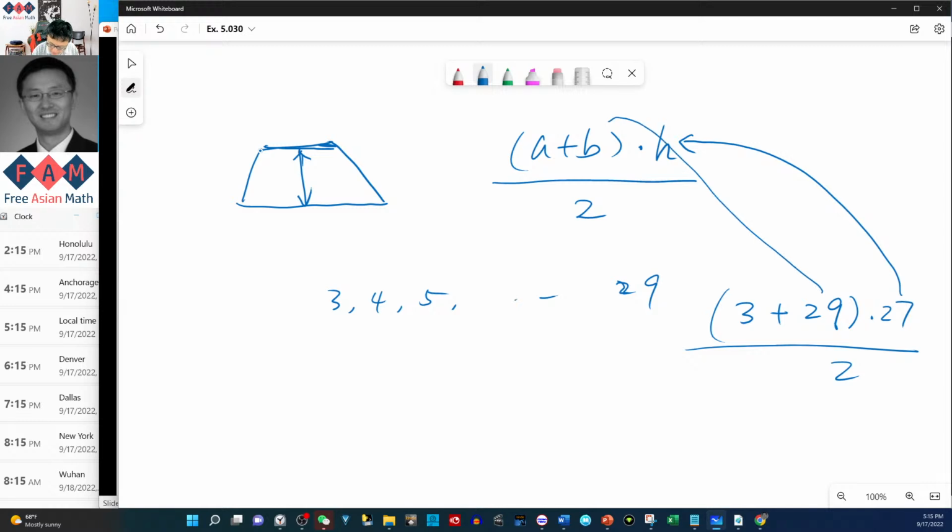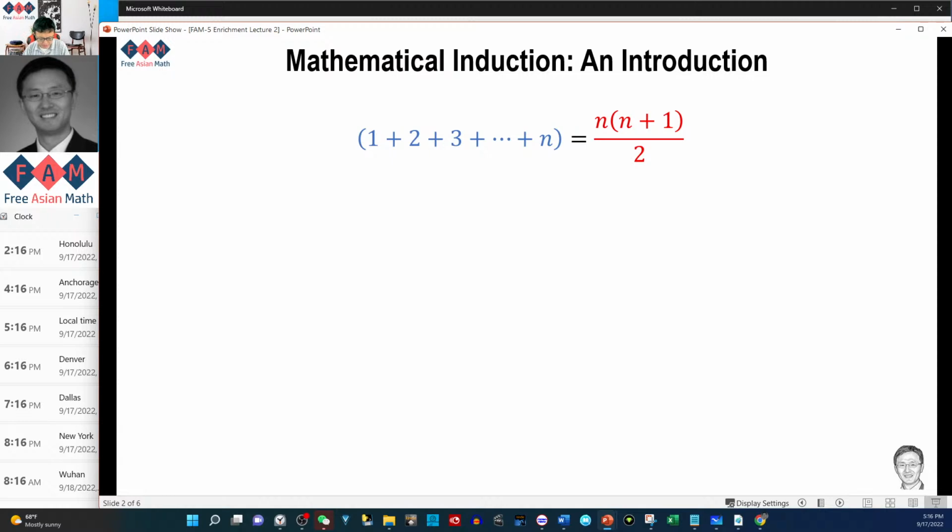And 29 corresponds to b, which is the longer base, and 3 corresponds to a, the top, the shorter base, I should say, of the trapezoid. So the formula looks exactly the same. It's only because the underlying trick is that you do this trapezoid patch: you add one more identical trapezoid to make a parallelogram. Okay, that's the geometric interpretation.